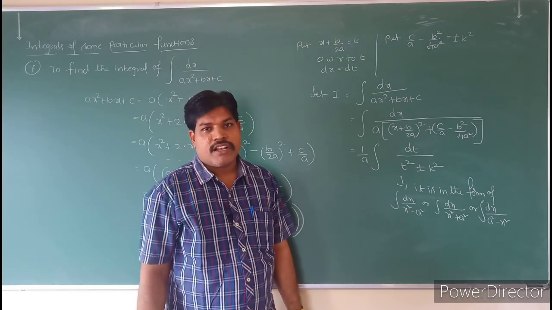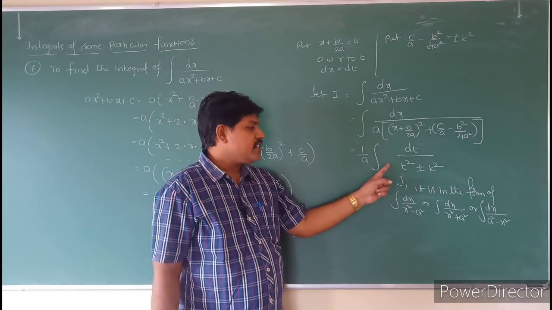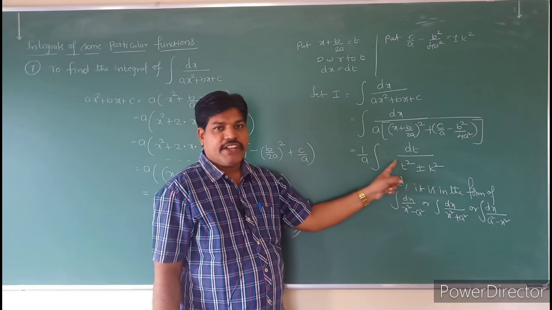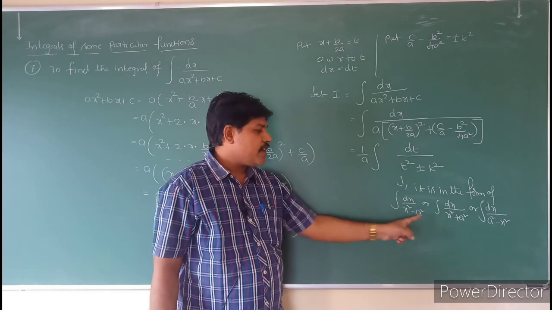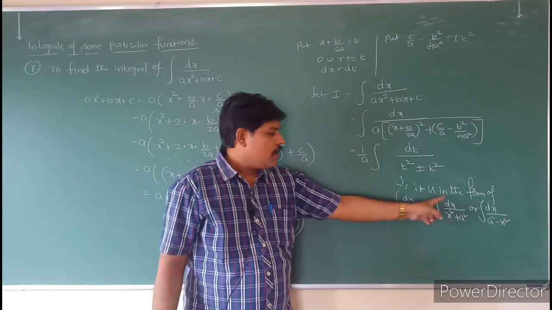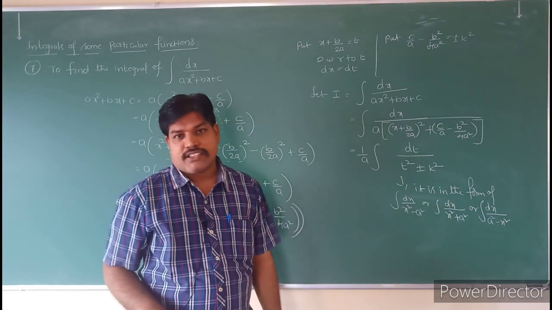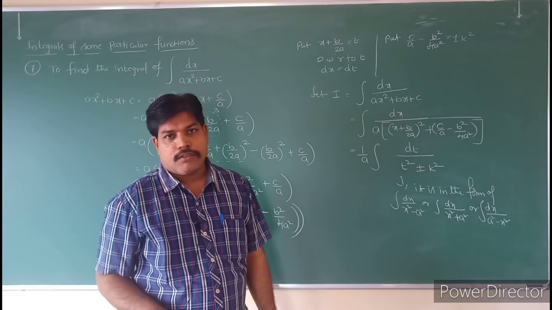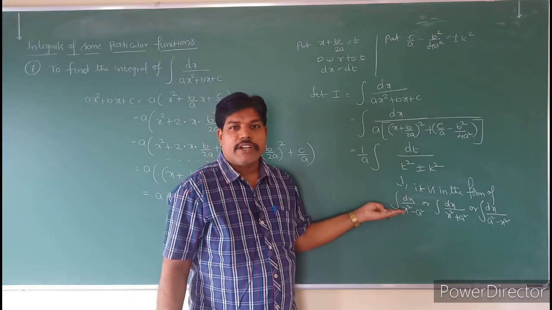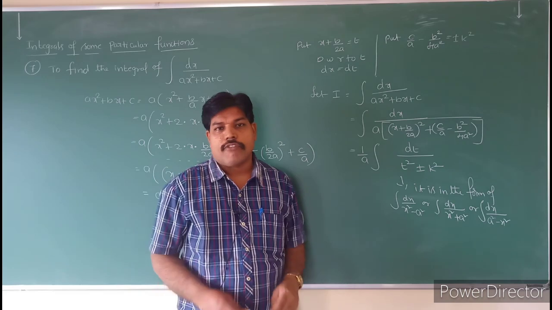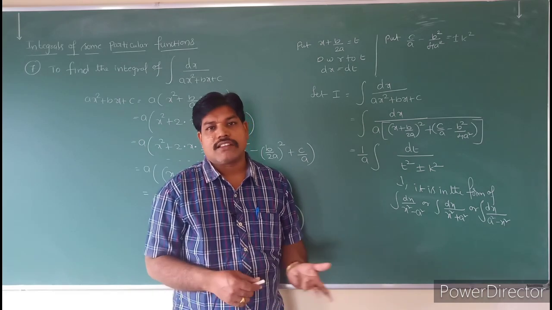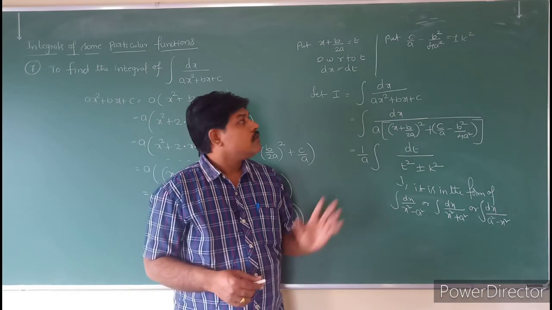So this integration is in the form of dx by x square minus a square, or dx by x square plus a square, or dx by a square minus x square. So the problem is converted into this model, then automatically you know the formulas, you can apply the formula, and you will get the answer. Okay, so this is the model.